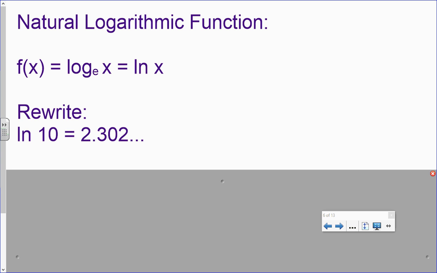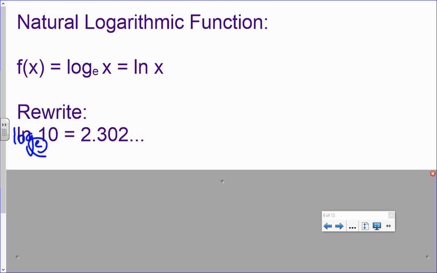Okay, I do want you to practice doing some rewriting with these, even though e is irrational, right? And so the number is going to go on forever. If you see the natural log, I need you to know that that means log base e, okay?